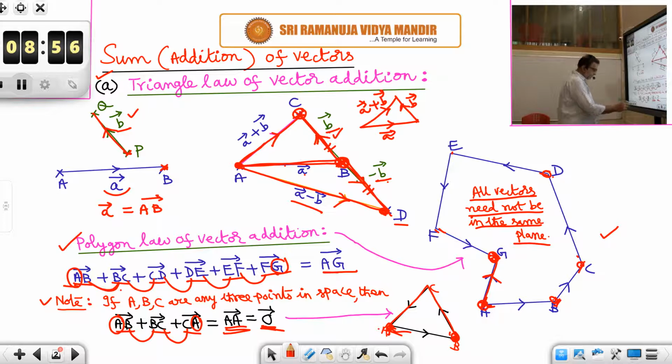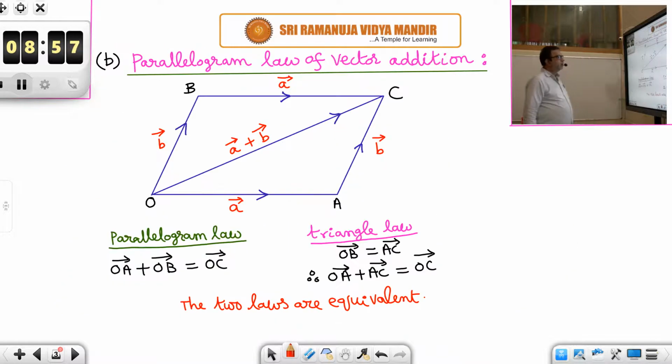Let us see the next one. Parallelogram law of vector addition. In this law, what we do is, suppose you want to add small a bar and small b bar. Here in the diagram, OA bar is small a bar, OB bar is small b bar. Here we take the two vectors to have the same initial point.